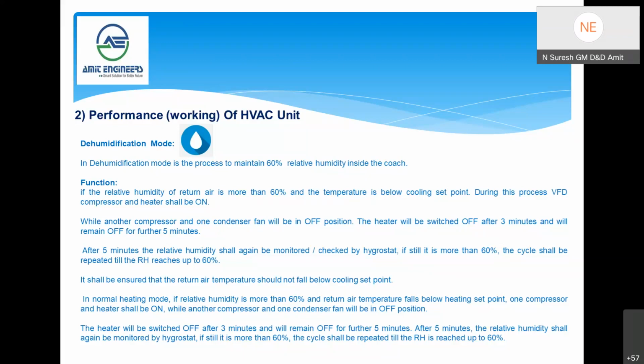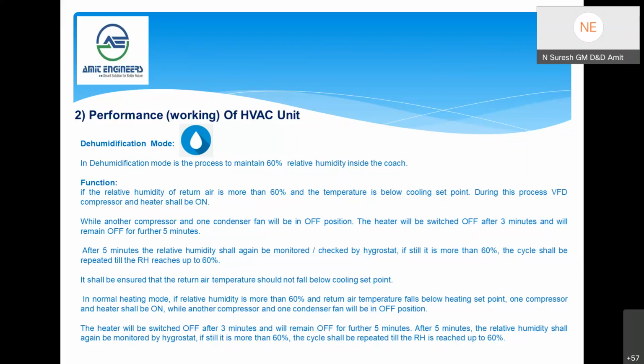When the compressor runs continuously, the cooling will be more and the temperature will come down below the set point. To avoid that, and to maintain the desired set temperature, the heater will go on and off.